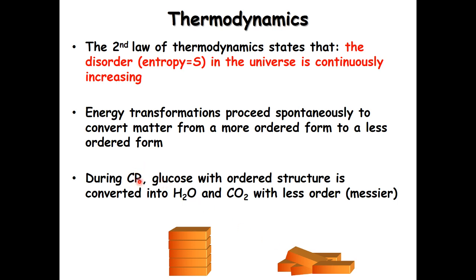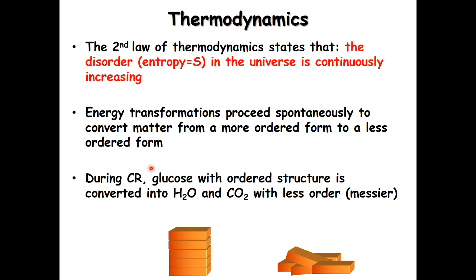So in cellular respiration, remember glucose is very structured. You have carbons all linked together with some OH and H. When you break down glucose during cellular respiration, you convert that structured molecule into CO2 and H2O, which are less ordered.